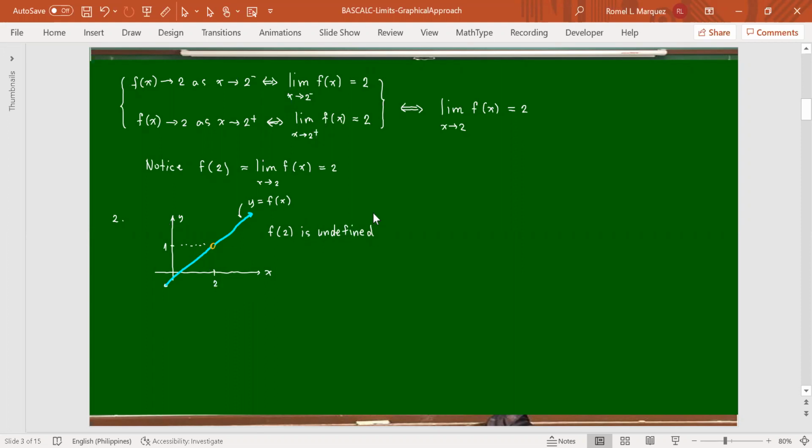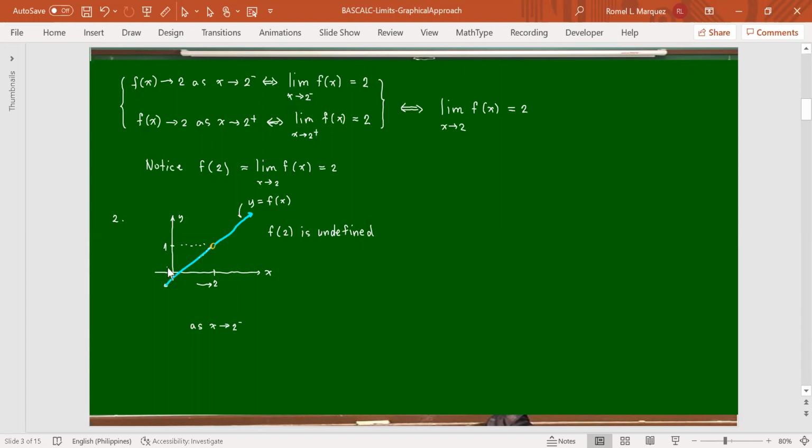But can we still attain a limiting value for the function as we get closer and closer to 2? So let's see. I'm going to approach 2 coming from the left. As x approaches 2 from the left, where does my function tend to go? So again, I will travel along the curve until I am very, very close to this hole.